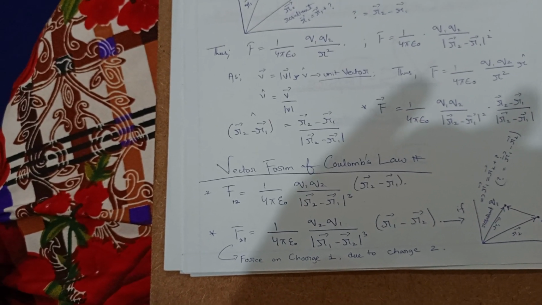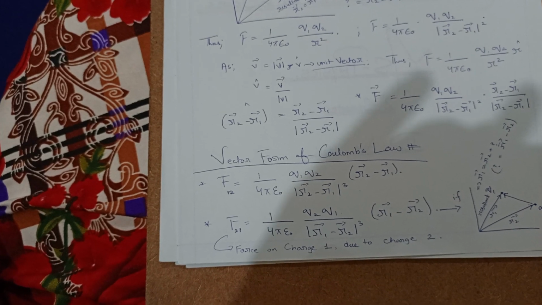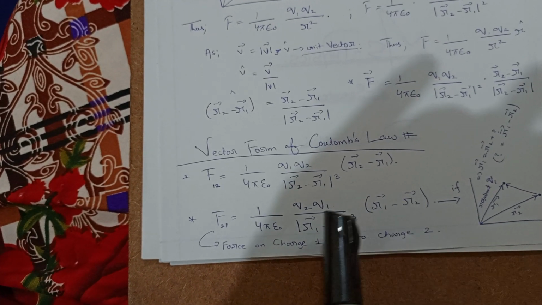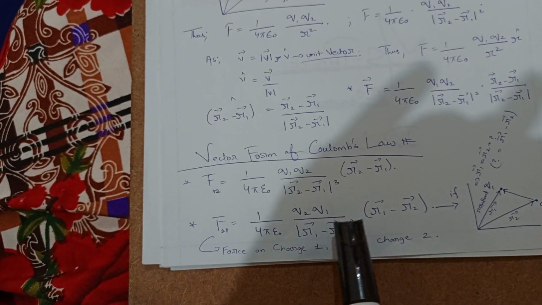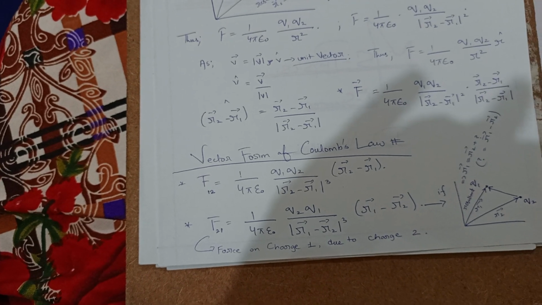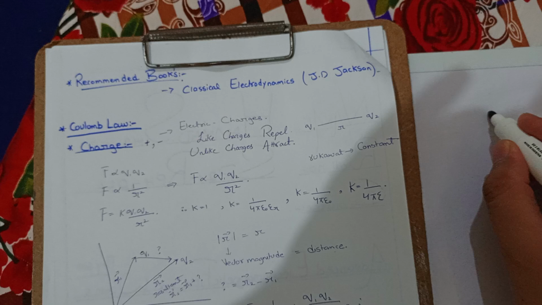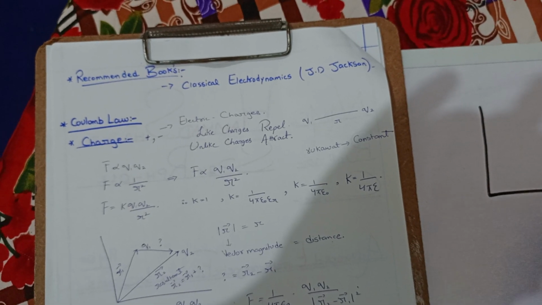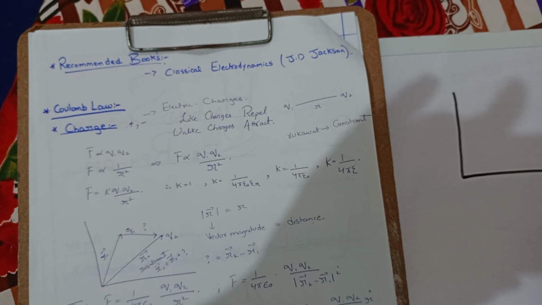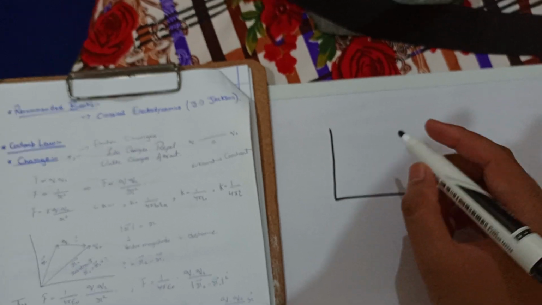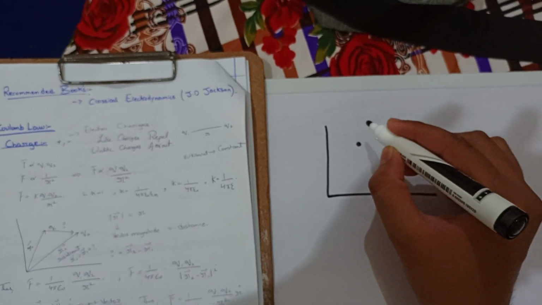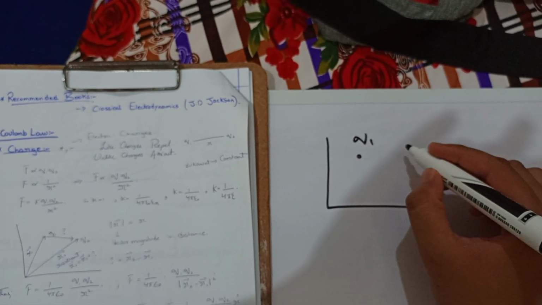But what if the force on charge 1 is due to charge 2? The only thing that changes is now r1 minus r2. What does it mean? Let me show you. This is my space coordinate and this is my charge q1.